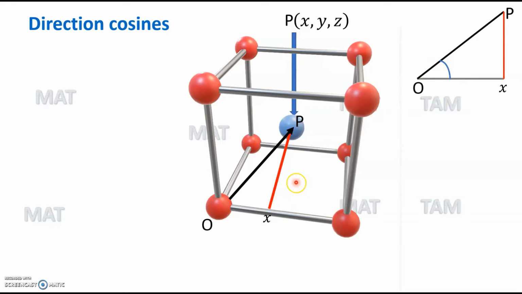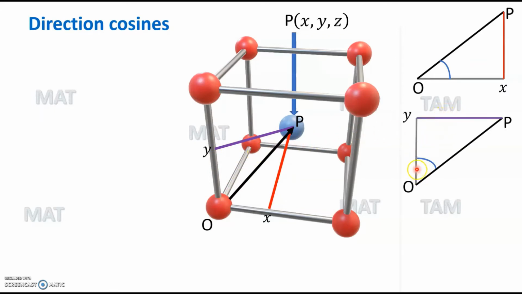Right. Similarly, next let's draw a line from the y-axis. Let's define this as our y-axis, and draw a perpendicular from the y-axis to the point P. And now you can visualize a right angle triangle again, Y, O, and P. And let's place this triangle here.